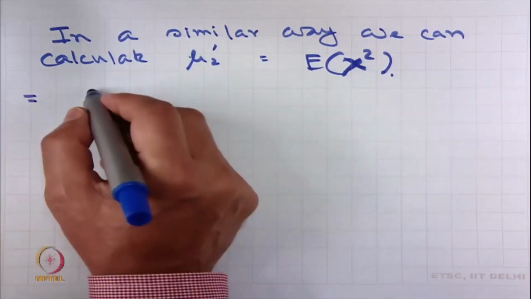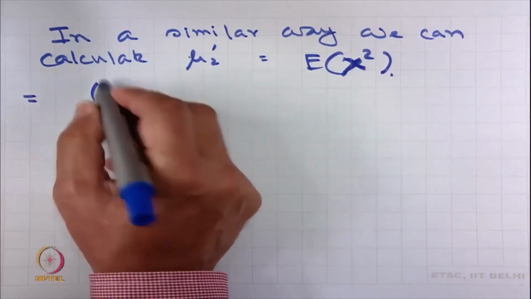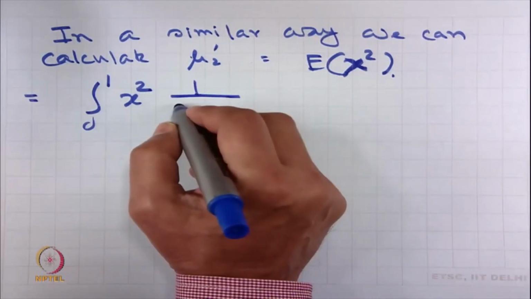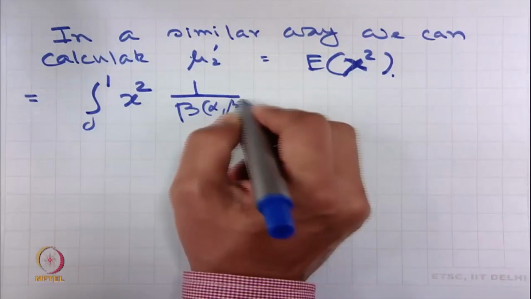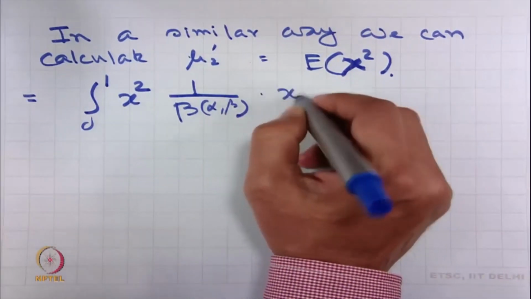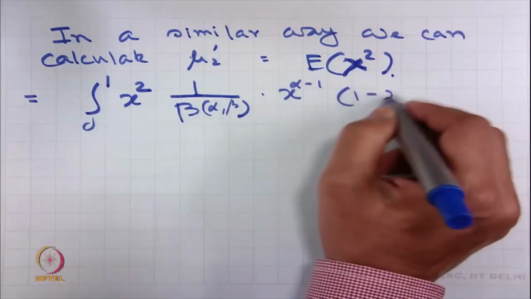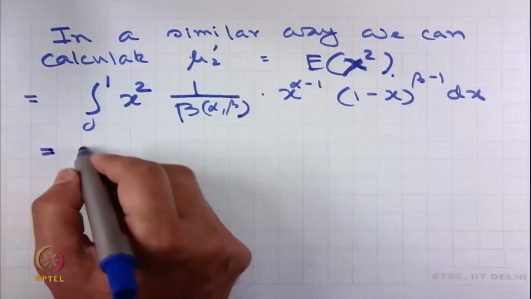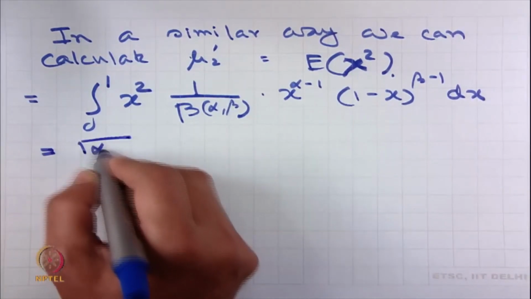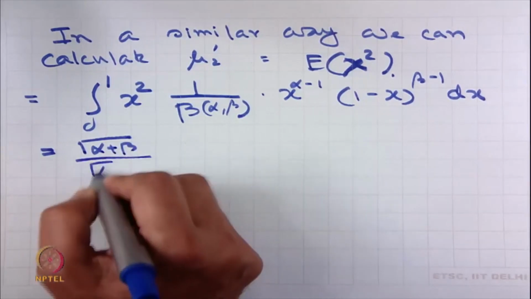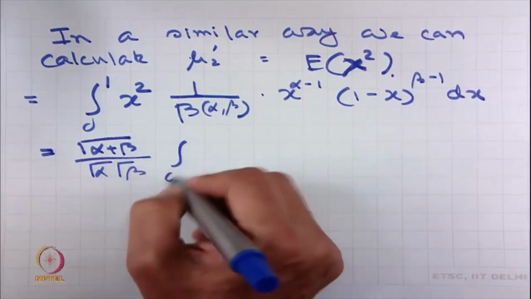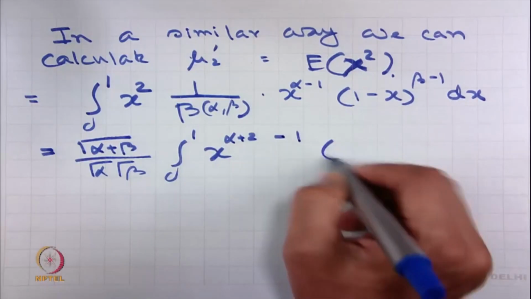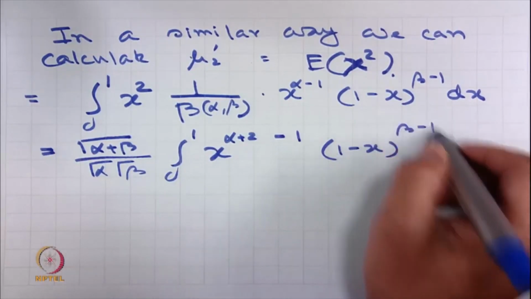This is equal to the integral from 0 to 1 of x squared times 1 upon beta(alpha, beta) multiplied by x to the power alpha minus 1 times (1 minus x) to the power beta minus 1 dx. This is equal to, as before, gamma alpha plus beta upon gamma alpha gamma beta into the integral from 0 to 1 of x to the power alpha plus 2 minus 1 times (1 minus x) to the power beta minus 1 dx.